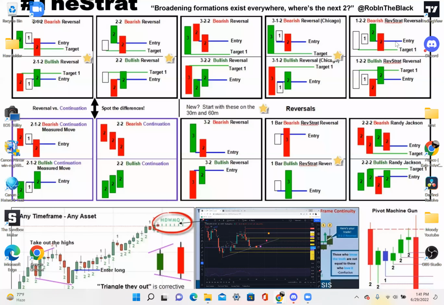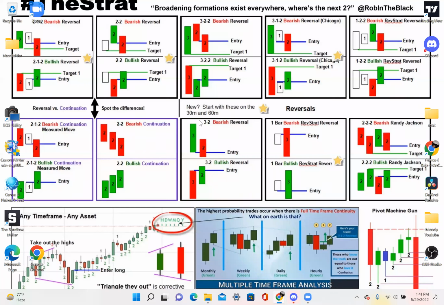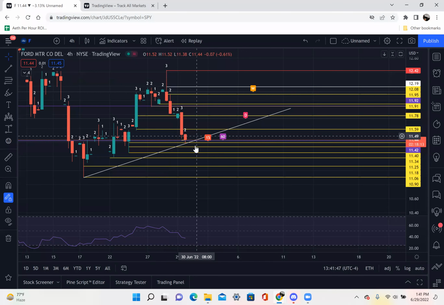But I also love the morning star pattern, right? And what am I seeing right here? 3 down, 2 up, reversal, bullish reversal, 3-2-2 bullish reversal, right? I'm anticipating it because I still need my confirmation, and now it's gone. It's not blue anymore, so it went back bearish.